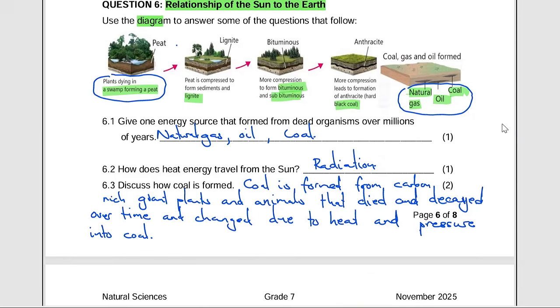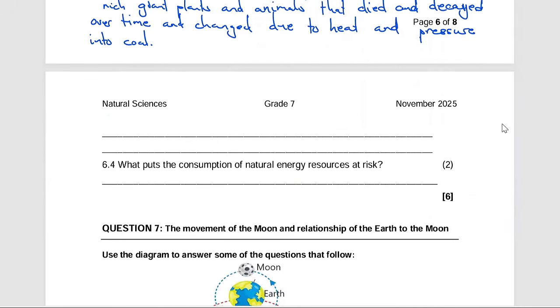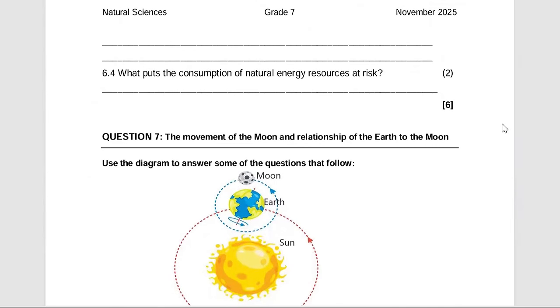So it's more like following these steps until you get to the final process where you have your coal, gas and oil being formed. Then moving on, it says what puts the consumption of natural gas resources at risk. The reason is that it takes millions of years for them to form, a very long period of time.